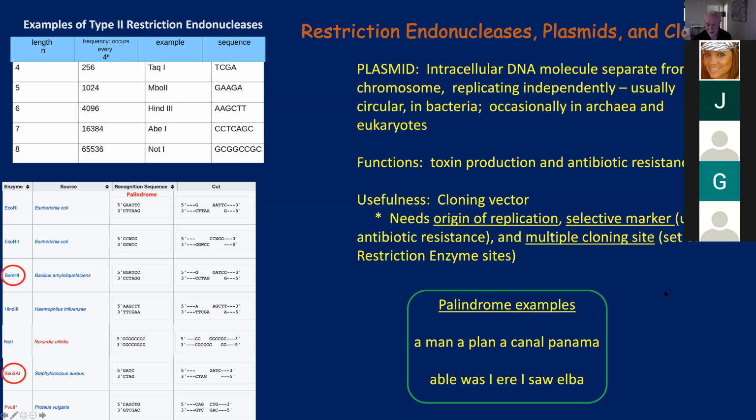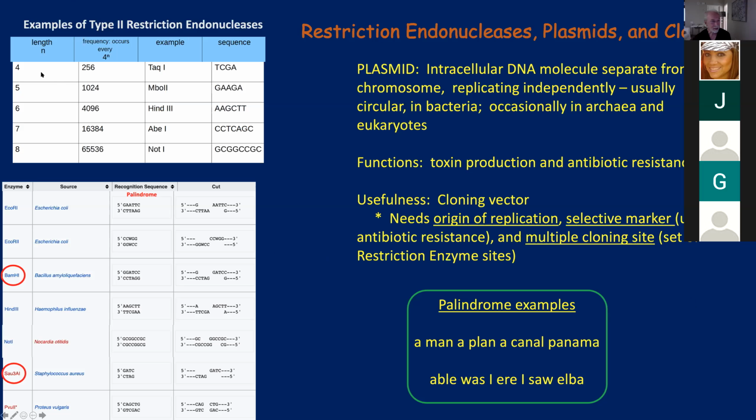Well, if you don't, you can think about it later. Another example: Able was I ere I saw Elba. If you read that backward, it says Able was I ere I saw Elba. So that's what a palindrome is. It reads the same forward and backward, and all restriction endonuclease sites are palindromes.